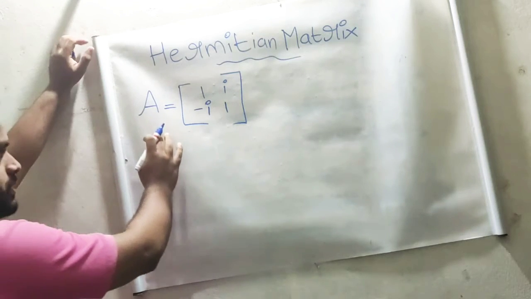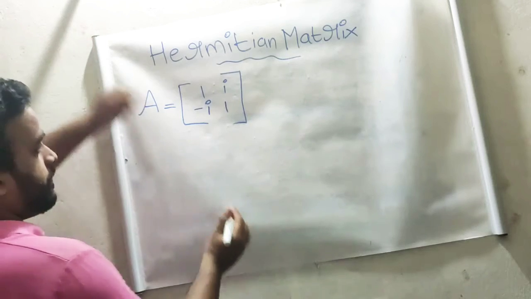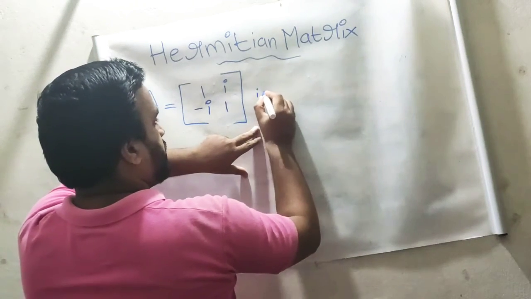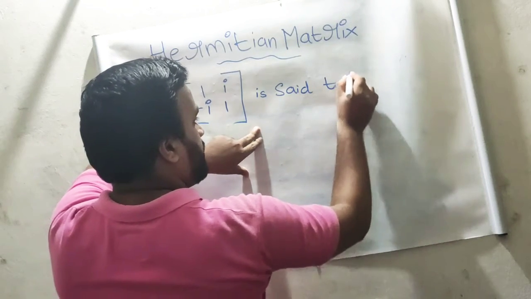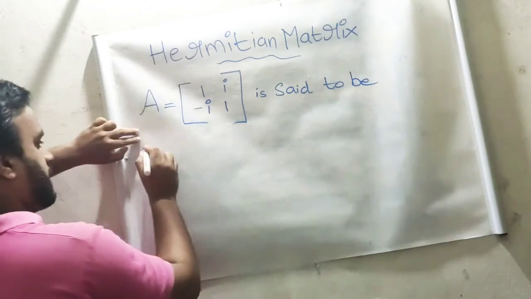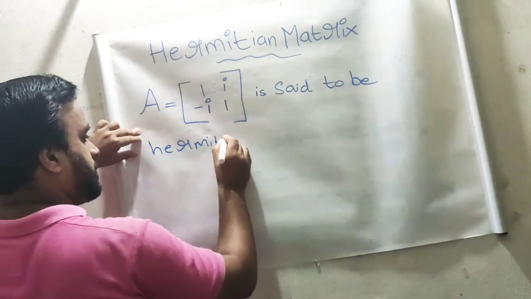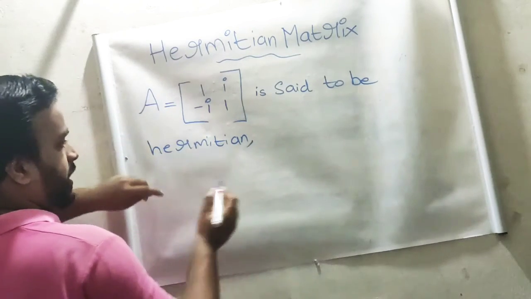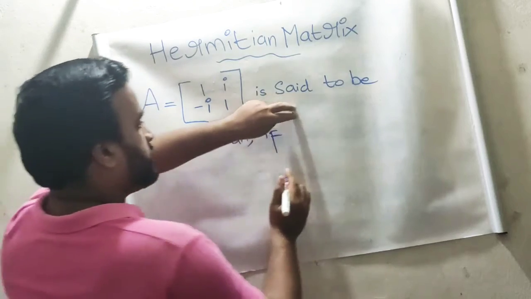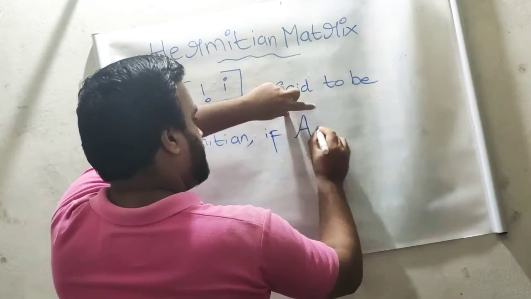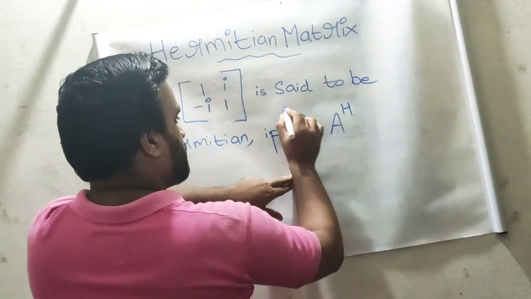This matrix A is said to be Hermitian only if the value of this matrix A is equal to AH. This is the condition.